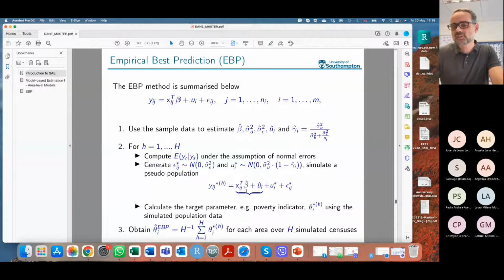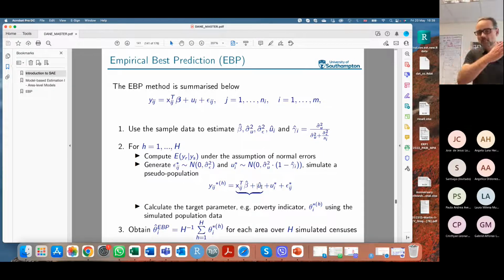Basically, you take the x_ij beta hat and add a u_i star plus an epsilon_ij star. But if you have areas with sample data, and if you can predict the random effect, then this method will be different and will be more efficient. So effectively, what you do is you generate multiple censuses under this model, under this expression here.